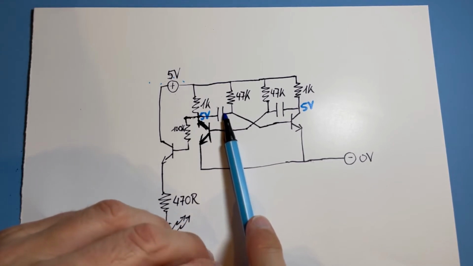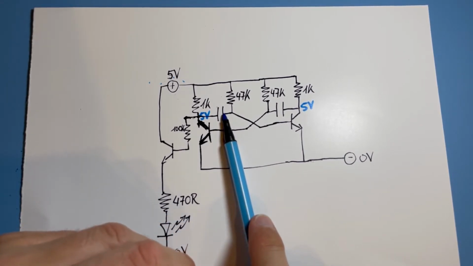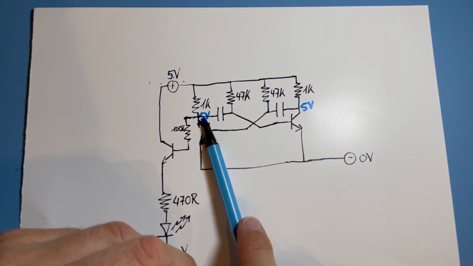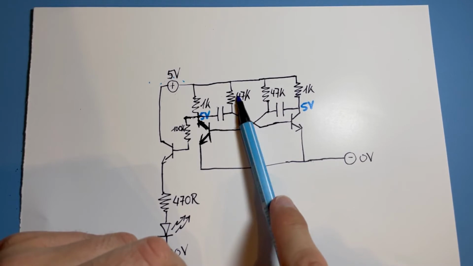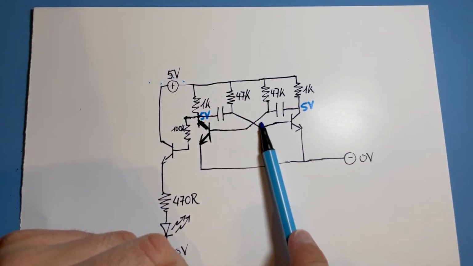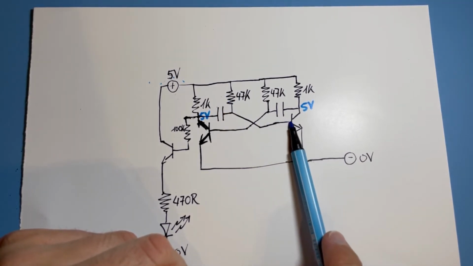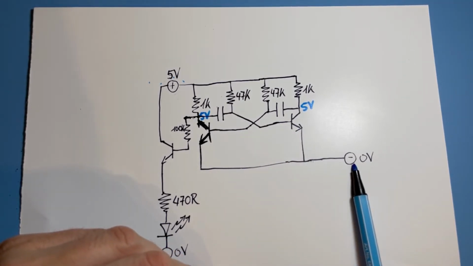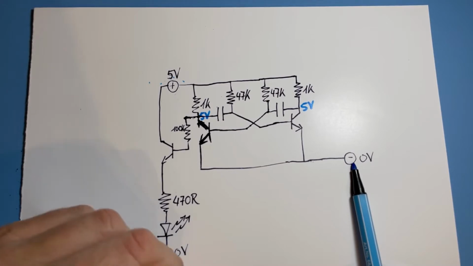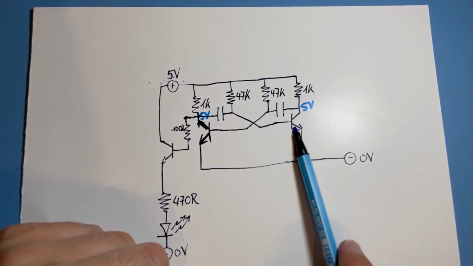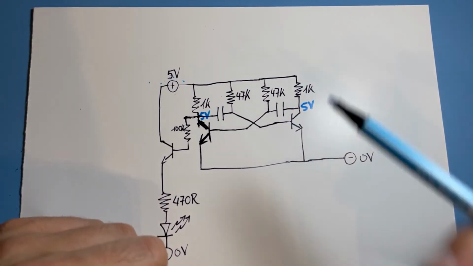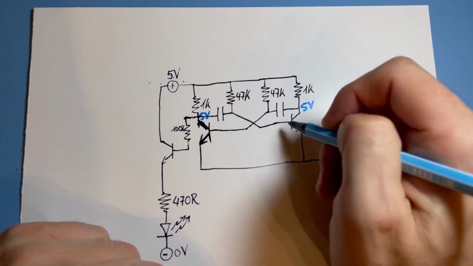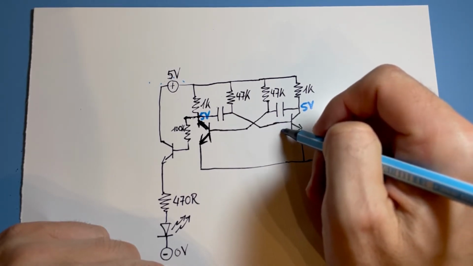This capacitor, there's 5 volt on one side, and then what's continuing on the path? There is the base emitter, and we can flow through to minus through this path here. And when we do that, there will be a voltage drop across the base emitter path on the transistor of 0.7 volt.